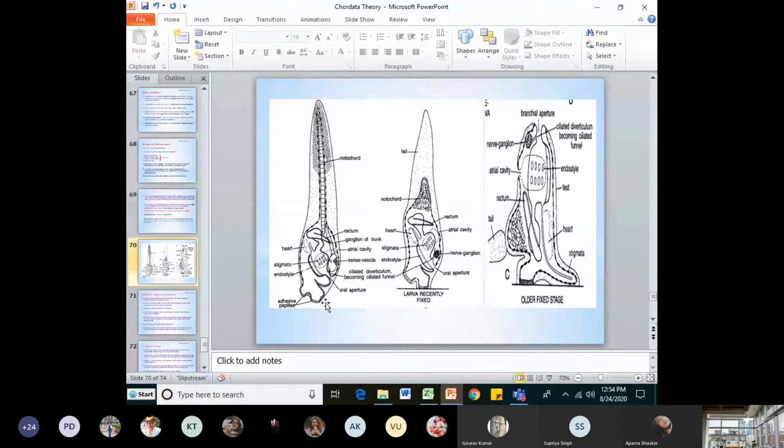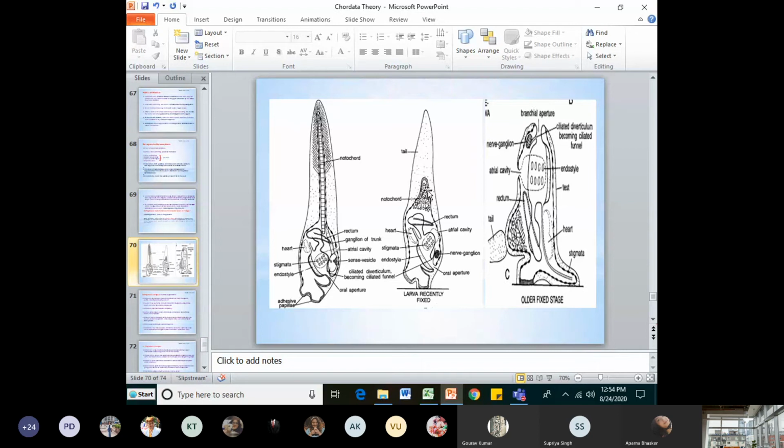Remember, this is the way by which the urochordates spread their species to a great extent. When it finds a suitable substratum, it fixes its anterior head with the help of adhesive papillae, and then starts retrogressive metamorphosis.